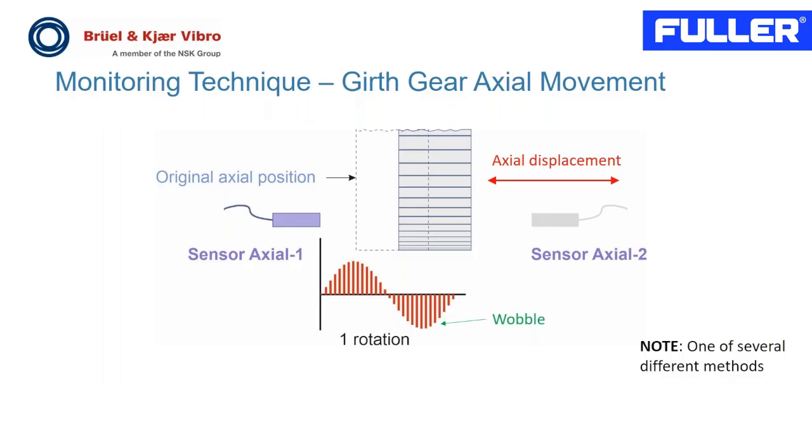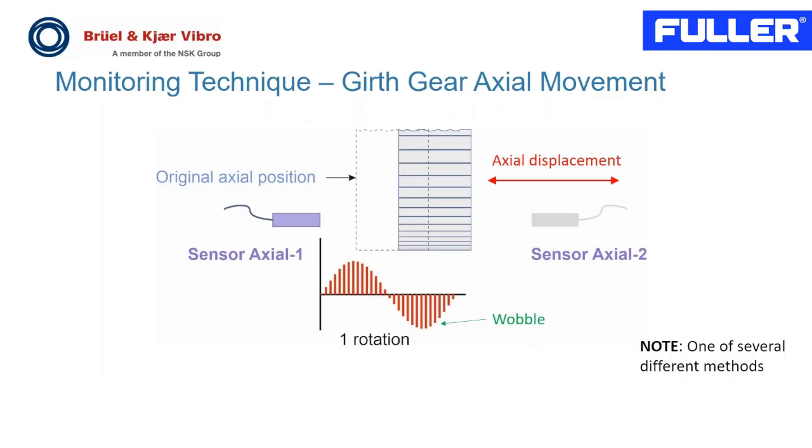So in this application, 2 axial displacement sensors are used to split the measurement range as shown in the slide. So only one sensor is active at any given time. For example, the purple one on the left is active and the gray one on the right is inactive. And in addition to the axial displacement, the girth gear can also be affected by kiln shell crank, which will create a wobble effect of the girth gear.